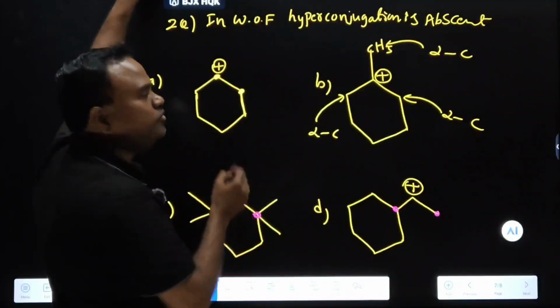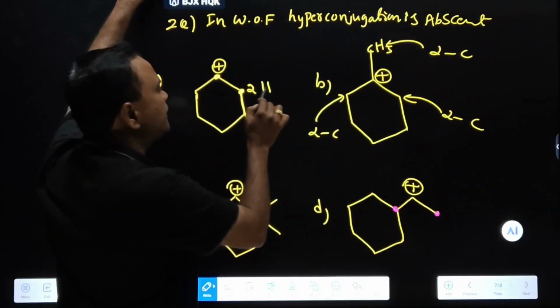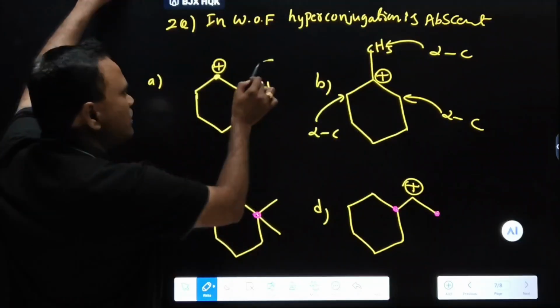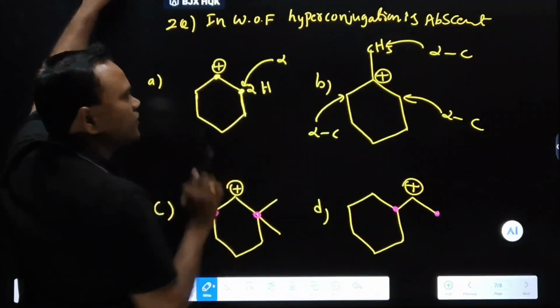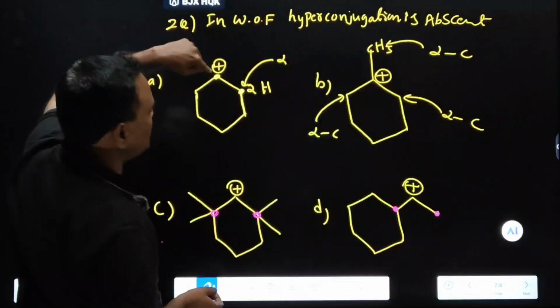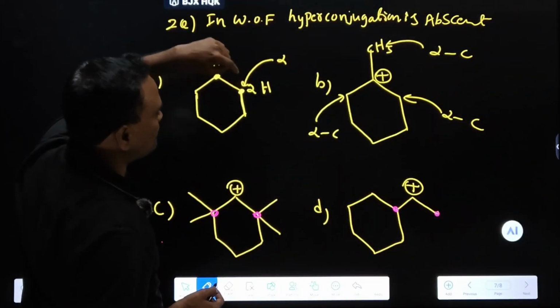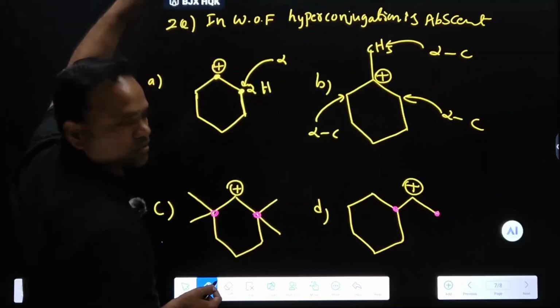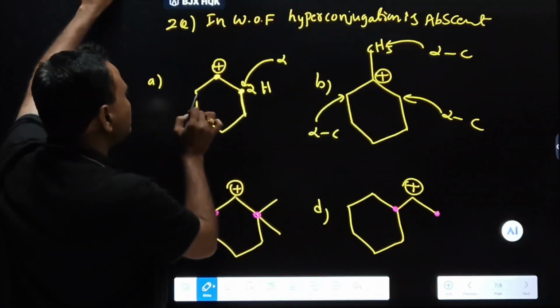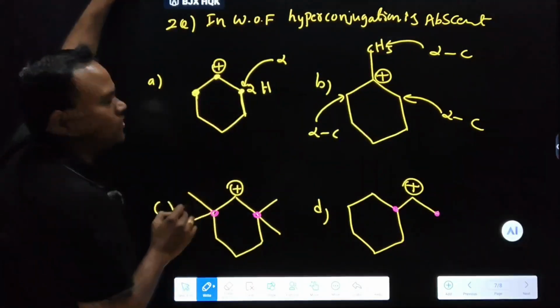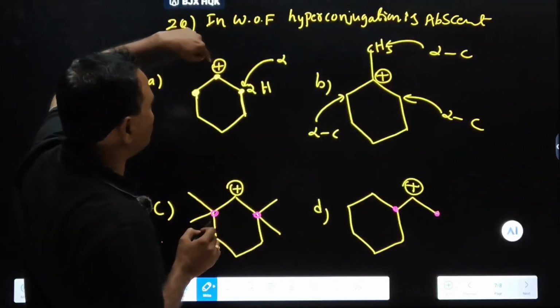Okay. So 2 more hydrogens you have to imagine here. 2 hydrogens here. This is alpha carbon, so we have to check hydrogens at alpha carbon only. Carbon which is next to carbocation is alpha carbon. This carbon is alpha carbon. Why? This is connected to carbocation. Okay. Next. This one. This is also alpha only.